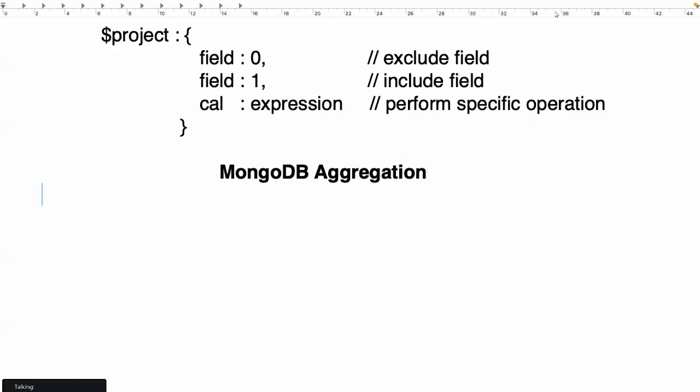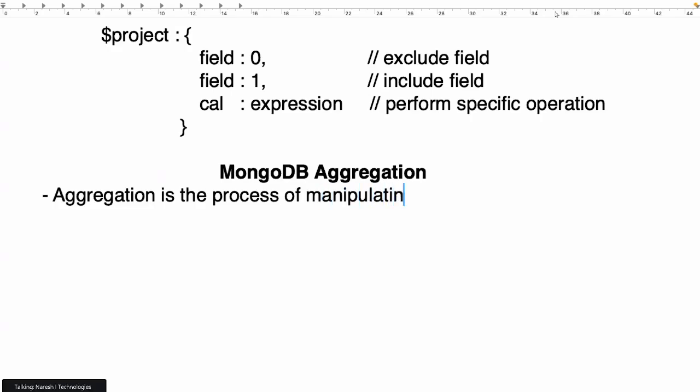The concept of aggregation is the process of manipulating the data present in a collection.